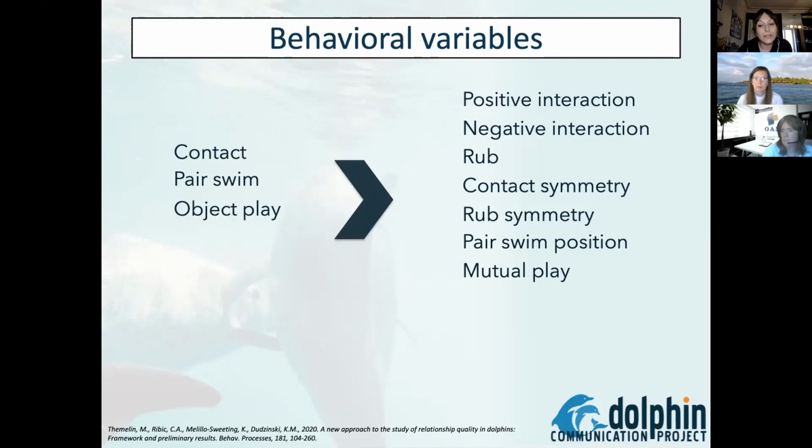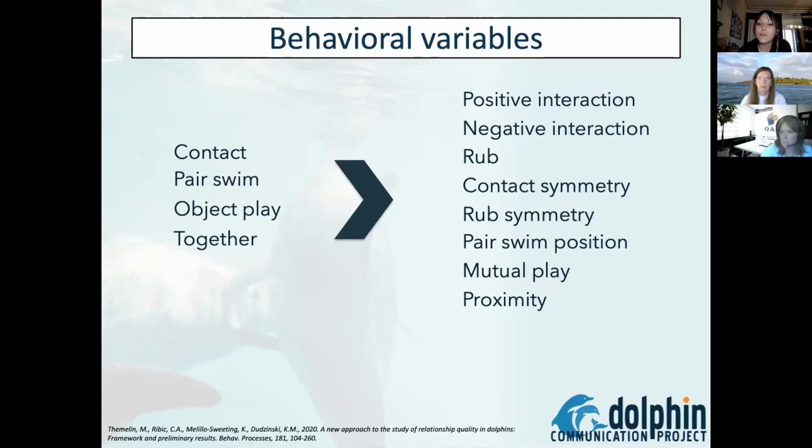With object play, pretty much the same. We look at the number of times we saw 2 individuals playing with the same object. And then we added what we called a together behavior. It was much more of a tool to measure proximity between 2 dolphins. So each time we had 2 dolphins next to each other for a few seconds at least, we recorded a together behavior.